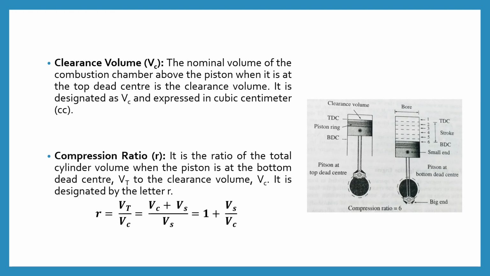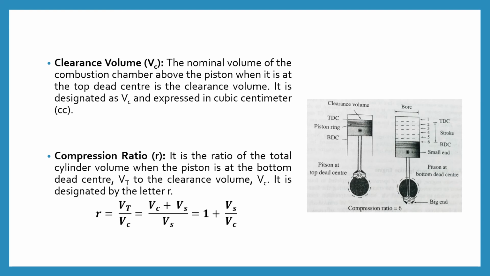So the compression ratio is defined as the ratio of the total cylinder volume when the piston is at the bottom dead center, Vt, to the clearance volume Vc. It is designated by the letter R.